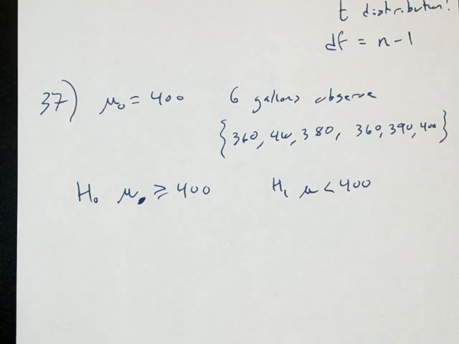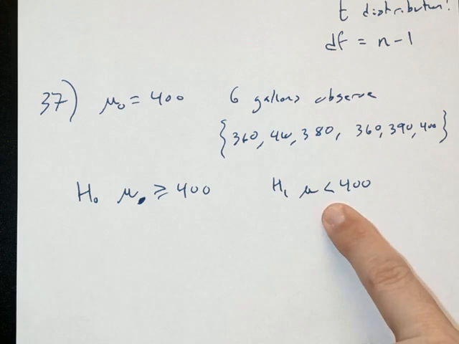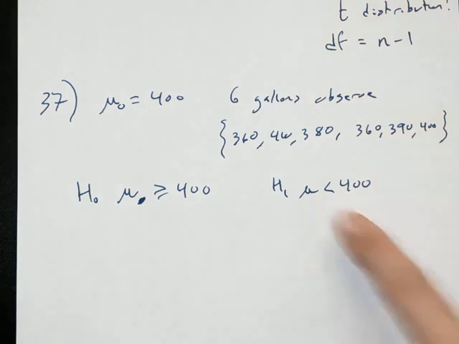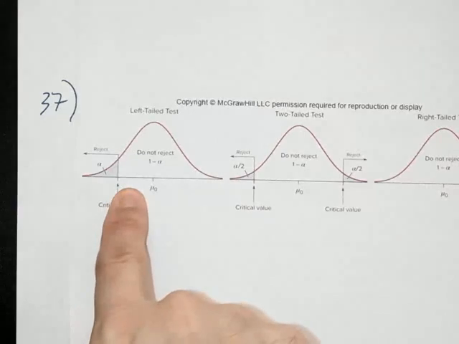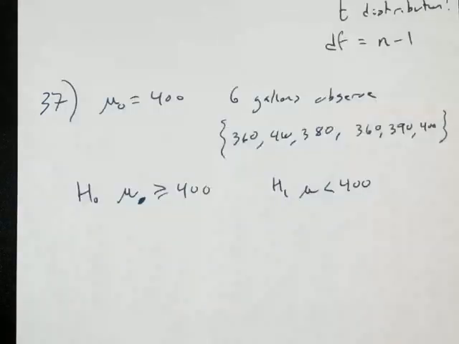Do we reject when we are left? Do we reject when we are right? Or do we reject when either is true? I reject to the left. That makes this a one-tail, left-tail test. Okay.